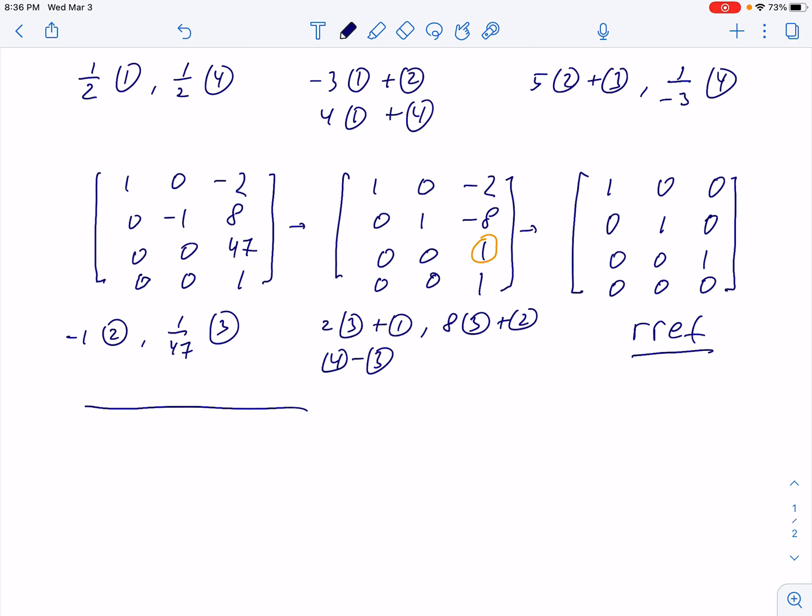Another example. Look at this matrix. Now it's a matrix 3 by 4. First row is 0, 3, 0, 3. Then 2, 1, 6, 6. Then 3, 2, 10, 5.